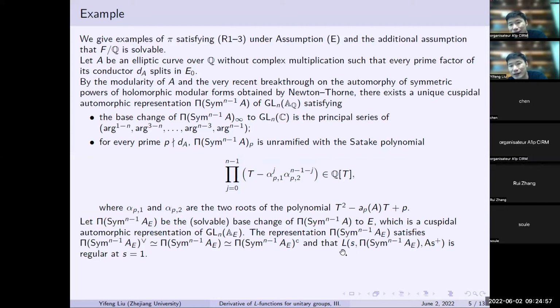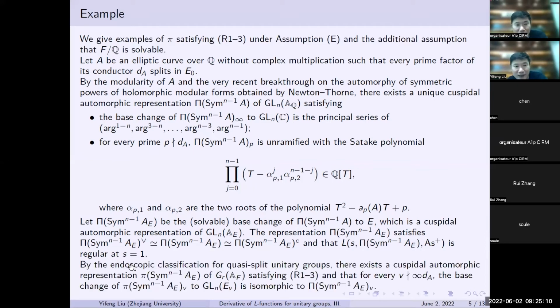Okay, and so these two together will imply that the automorphic representation pi sim A_E can be descended to the unitary group. And by the endoscopic classification for quasi-split unitary groups, there exists a cuspidal automorphic representation, the little pi_{n-1} sim, of our unitary group, satisfying R1 and R3.